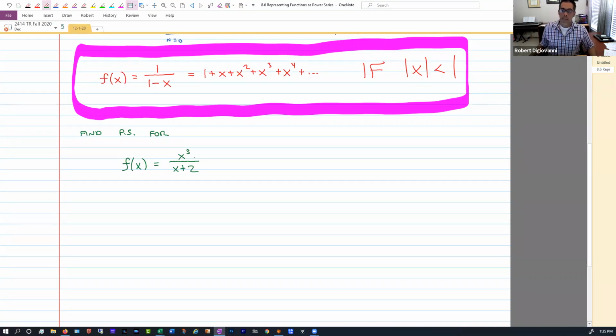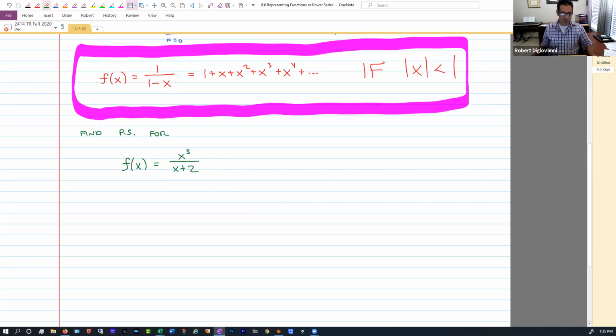Now this and this don't look like they have anything related to one another, right? This has a 1 up top, this has an x cubed up top, this has 1 minus x, this has x plus 2. They don't look like these could possibly be related at all.